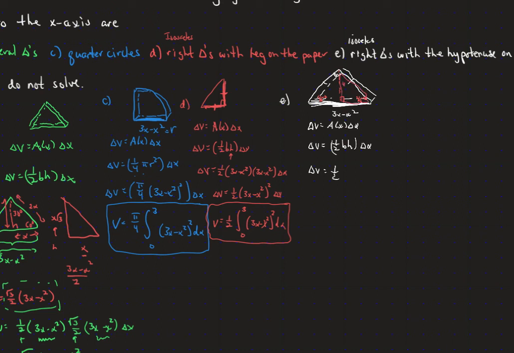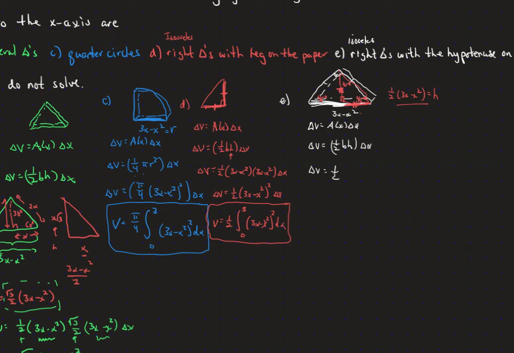Since that's 45 degrees, so is this one. So that means that this length must be the same as that length. Now we can see that that's going to be half of our function 3x minus x squared. So that's going to be the same as this length. So our height is that 1/2 of 3x minus x squared.